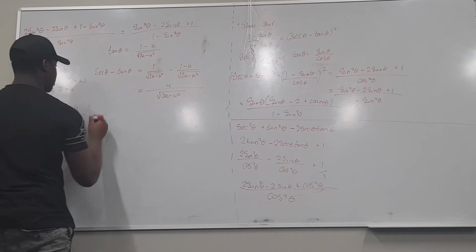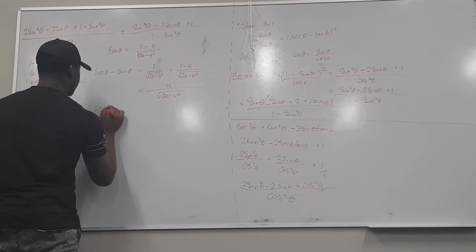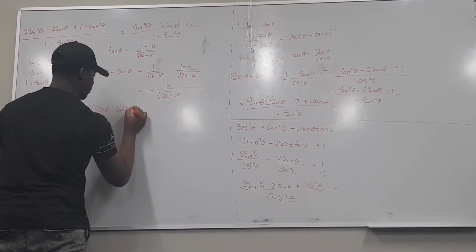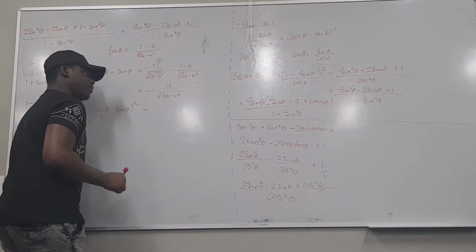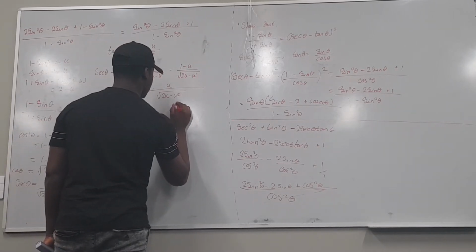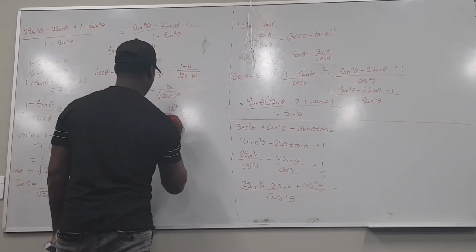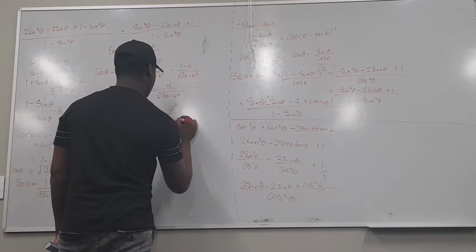So square that. u squared divided by the square of the square root, so you have 2u minus u squared.